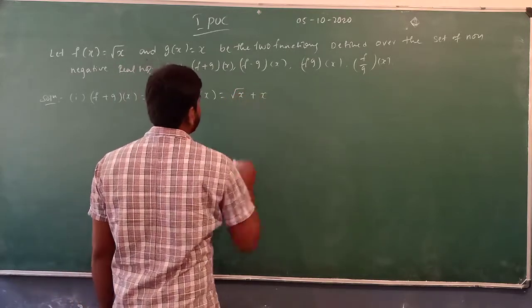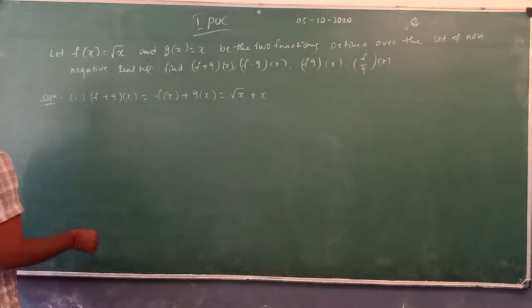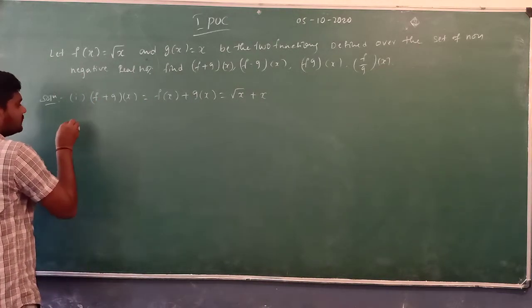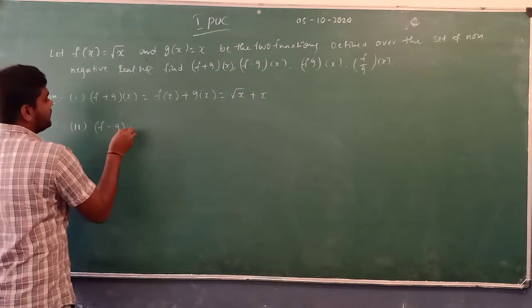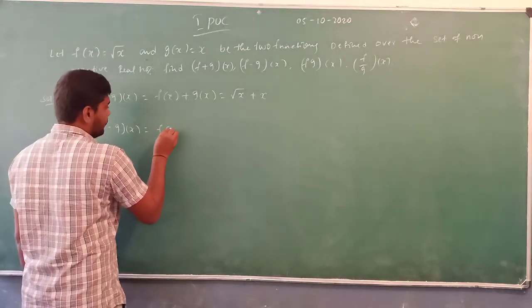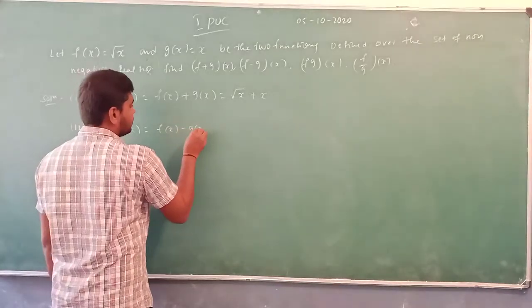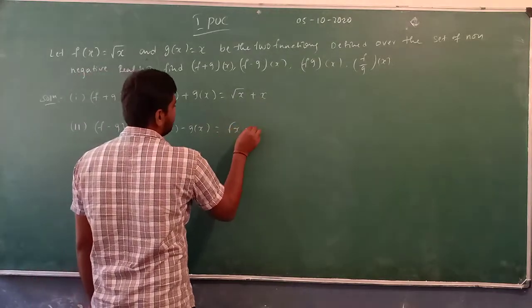That's going to be x. So we can say that root x plus x. And the second one, f minus g of x can be written as f of x minus g of x. So here the answer is root x minus x.